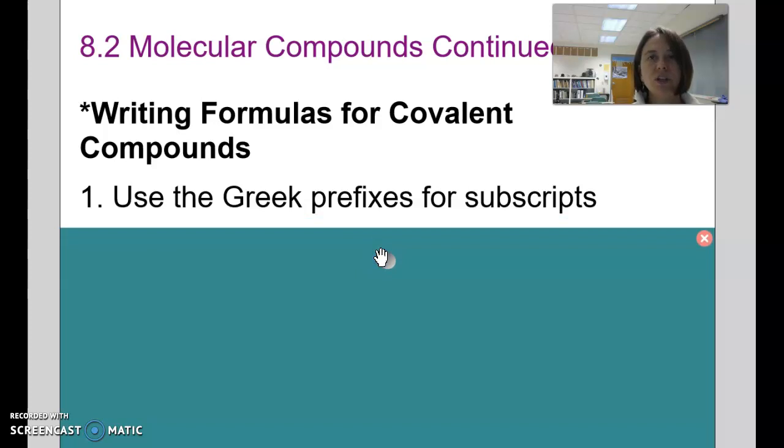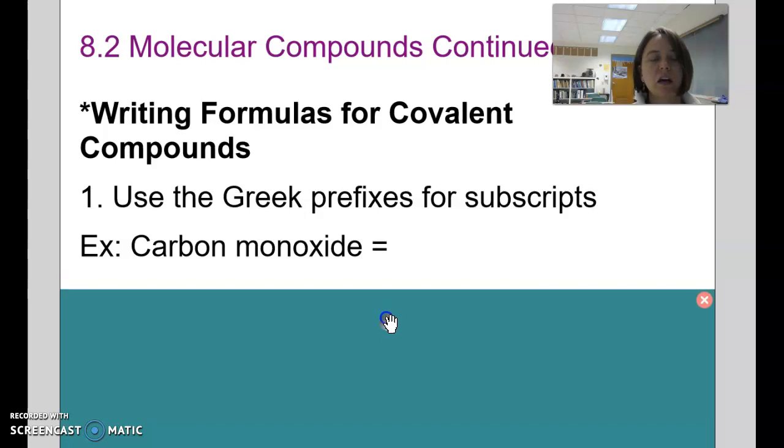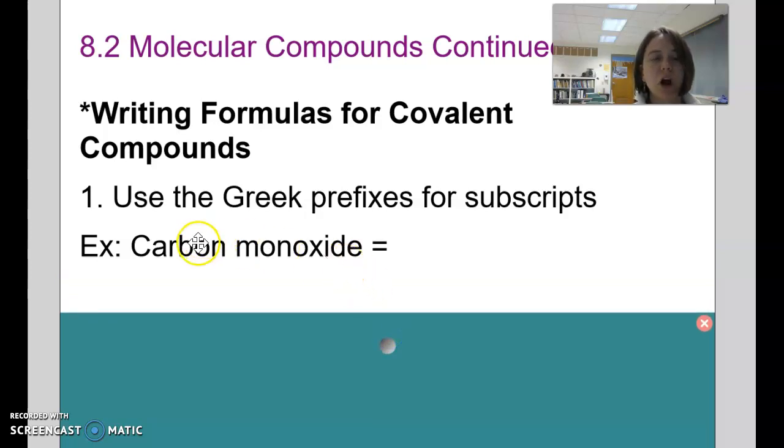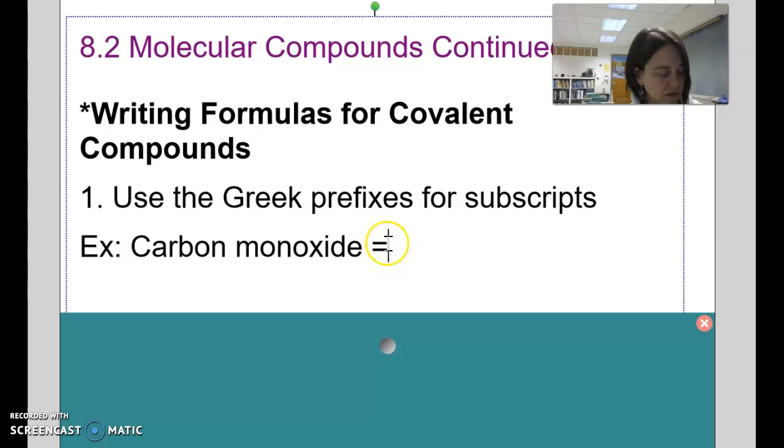So what you're going to do is you're going to use the Greek prefix for the subscript. So for example, carbon monoxide, well, carbon doesn't have anything in front of it, so we know it's just going to be C. And then monoxide, well, it means 1, so we're just going to write 1 oxygen.